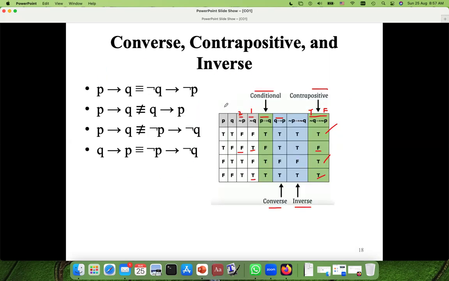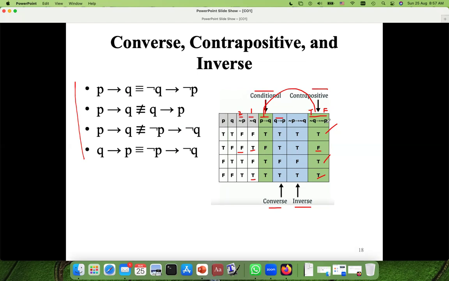Now, based on this truth table, we have some results. For example, this green one, they have the same values, T F T T, T F T T. So it means that P implies Q and negation Q implies negation P are logically equivalent.